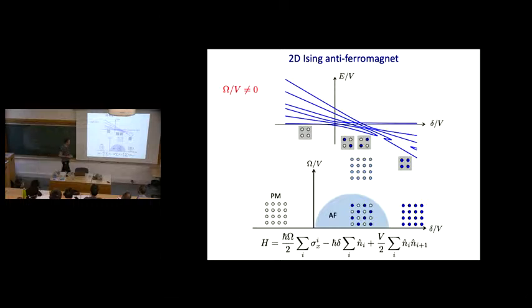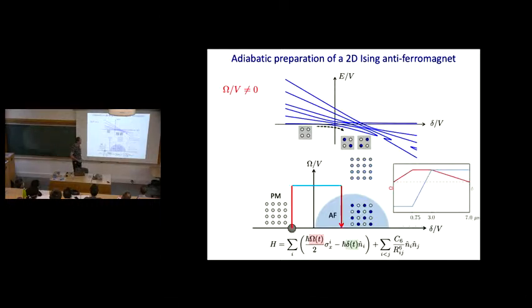Now, it gives you the recipe to actually prepare the ground state. Let's do what is called an adiabatic sweep. The adiabatic sweep essentially means that I'm going to vary slowly the parameters of the curve in a way that I do not introduce any excitation in the higher state when I sweep the parameters.